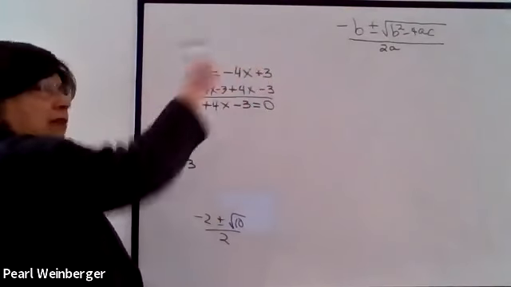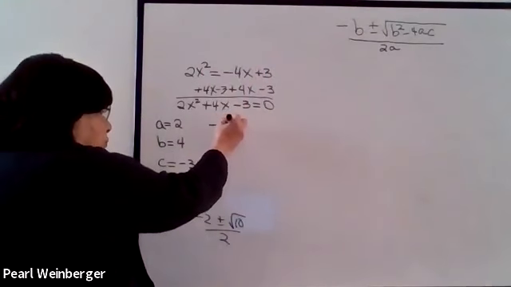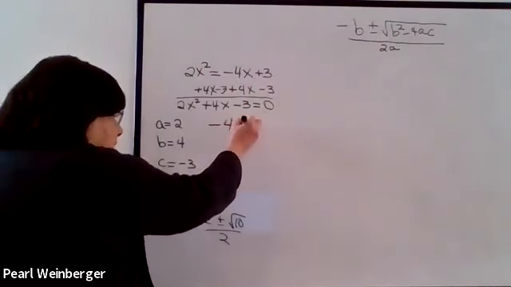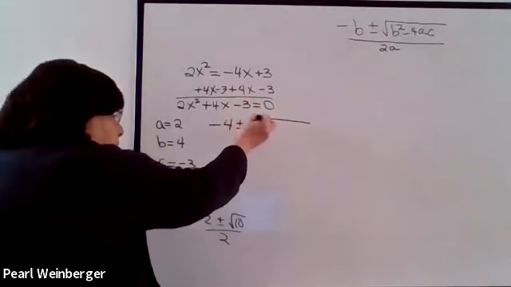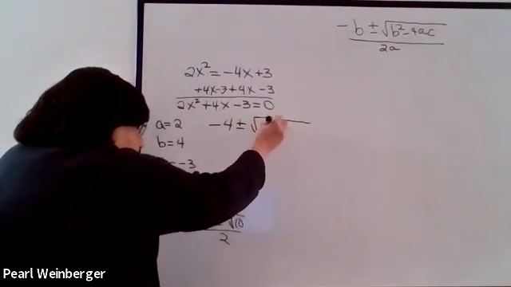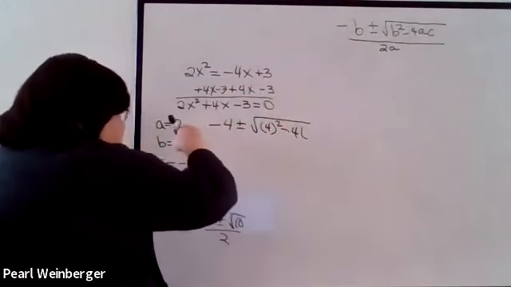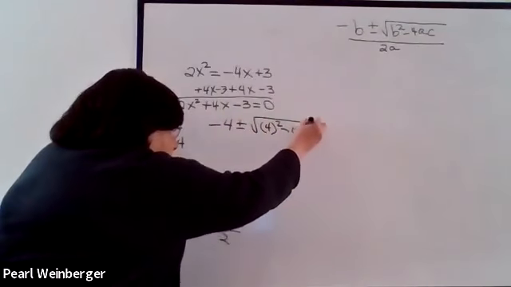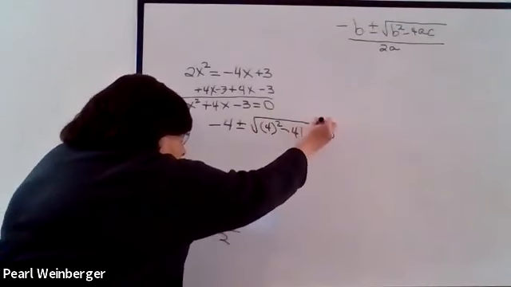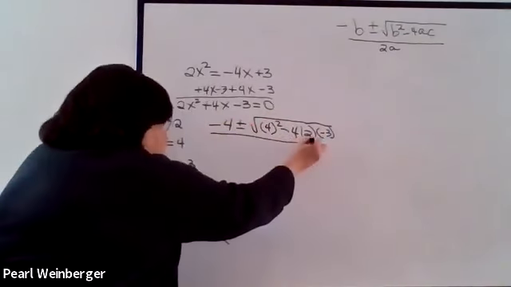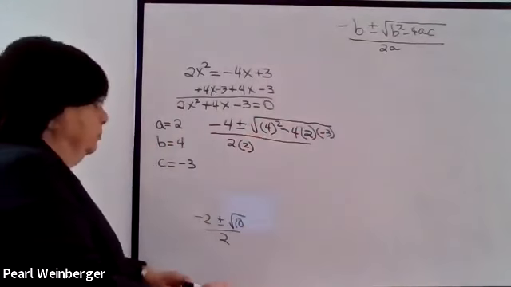And sticking it into that formula over there, it's negative B, so it's negative 4 plus or minus the square root. Okay, here comes the biggie. The 4 squared, because that's the B, minus 4 times the A, which is 2, times the C, which is negative 3, all over 2 times 2, because the A is 2.